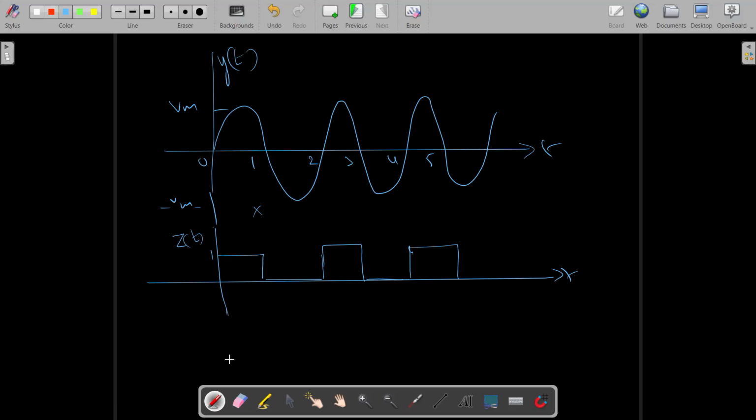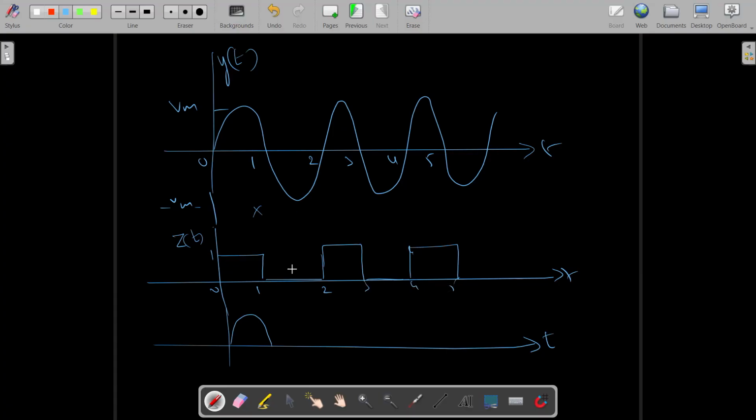Okay, so what we get, the output, so this is the time axis t, so this is going to be, so 1 is going to multiply with Vm, so Vm will be as it is, and this is going to be 0, 1, 2, 3, 4, 5 and so on, right?